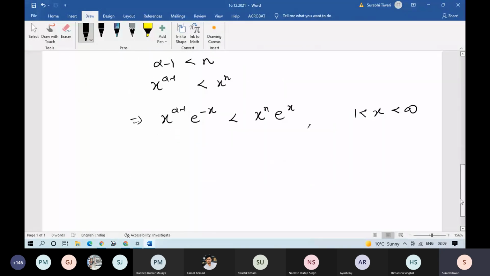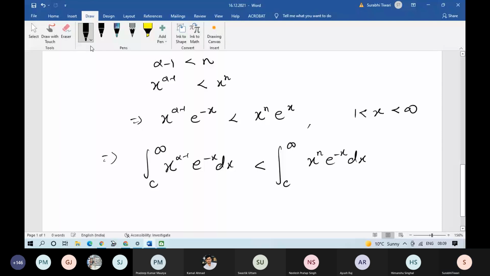This means that the integral from c to infinity of x to the power of alpha minus 1 e raised to the power of minus x dx is less than the integral from c to infinity of x to the power of n e raised to the power of minus x dx.